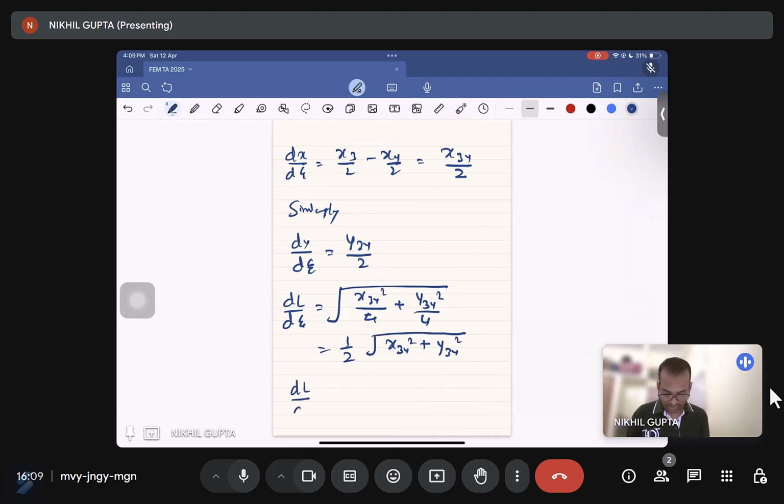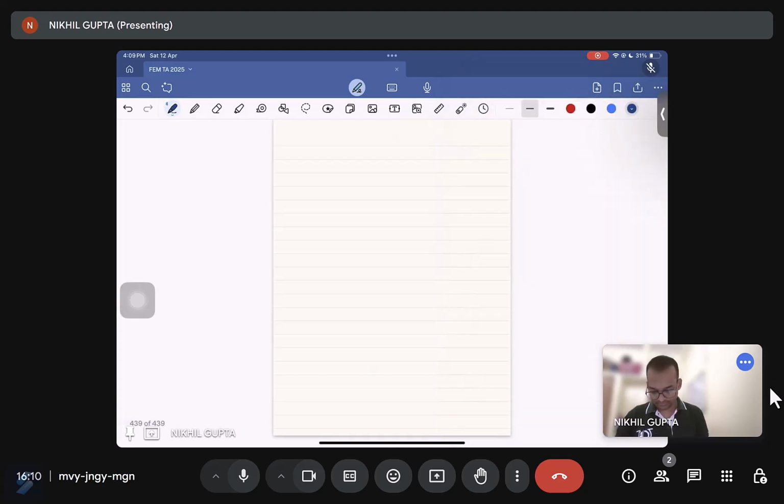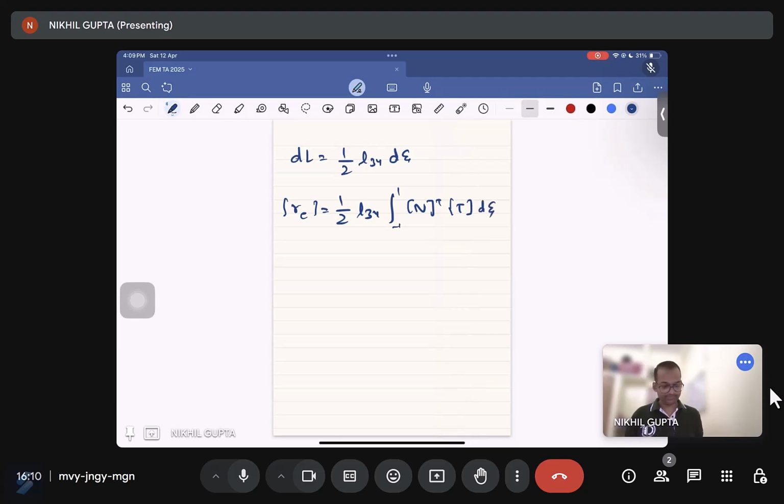Now you can summarize it as half of L34. So you can write dL as half of L34 dxi, and when you put it in the load vector, it will become half of L34 times the integral from minus 1 to 1 of N transpose T dxi.